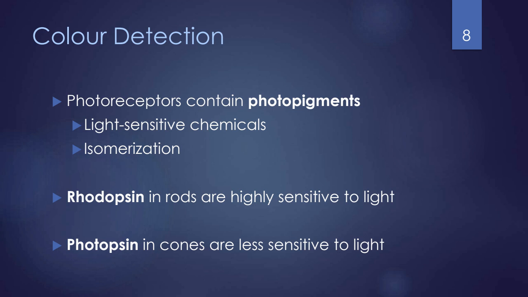This means that cones can distinguish among different wavelengths, whereas rods can only differentiate among different levels of light and dark, because there's only one type of photopigment, rhodopsin.